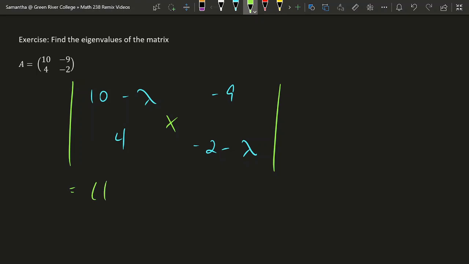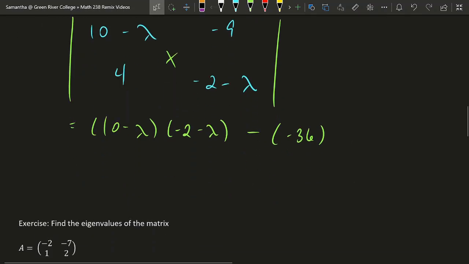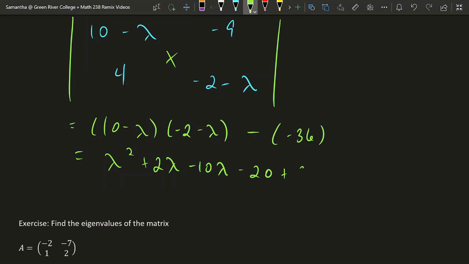So I get 10 minus lambda times minus 2 minus lambda. Take away negative 36. Now if I expand that, I get lambda squared. It looks like plus 2 times lambda, negative 10 times lambda, negative 20. So it looks like lambda squared, it looks like negative 8 lambda, and it looks like plus 16.